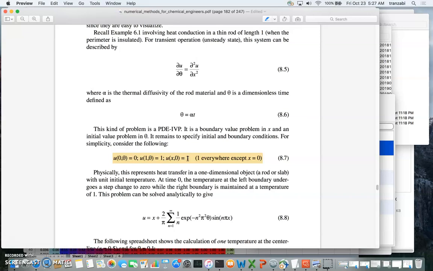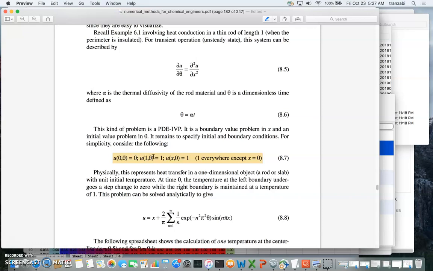Okay? So initially temperature is everywhere equal to 1. Then, as time goes by, we're going to put the left end, which is at x equals 0, on ice. So that's why we get the temperature at x equals 0 at all times equal to 0. If the left end is on ice, the temperature there should be 0 at any time.